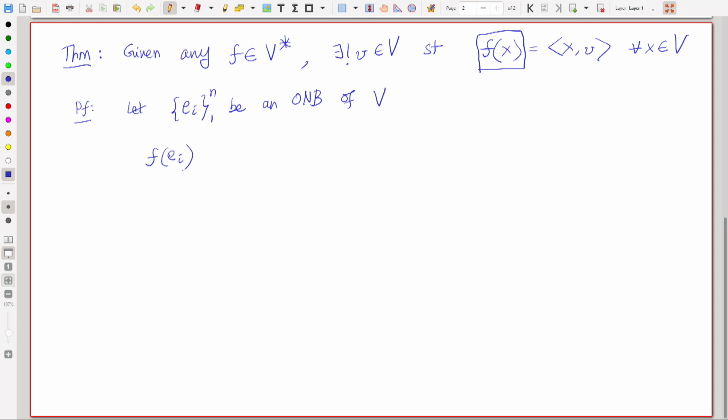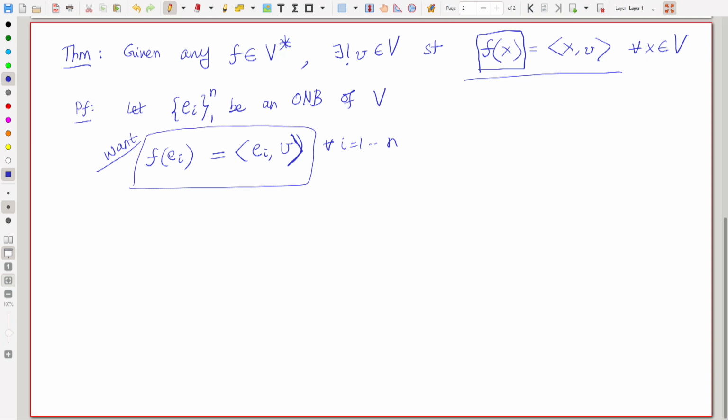If at all you are able to find that v, we know what property it has to satisfy. In particular, if I take x to be any of the e_i's, that equation has to be satisfied. So, f of e_i should be the inner product of e_i with v for all i, and so this determines v uniquely.